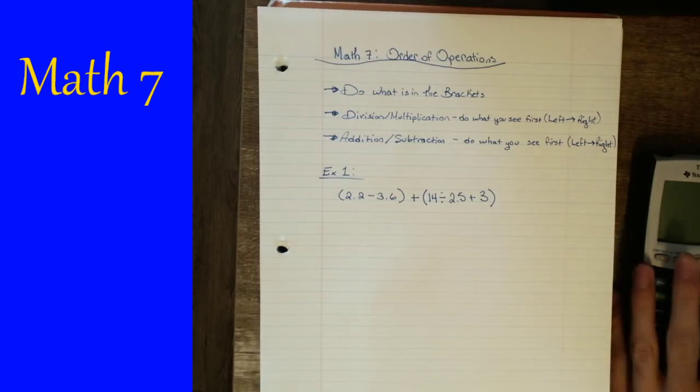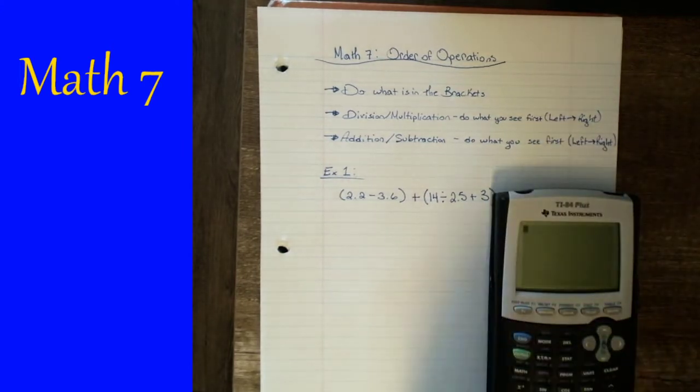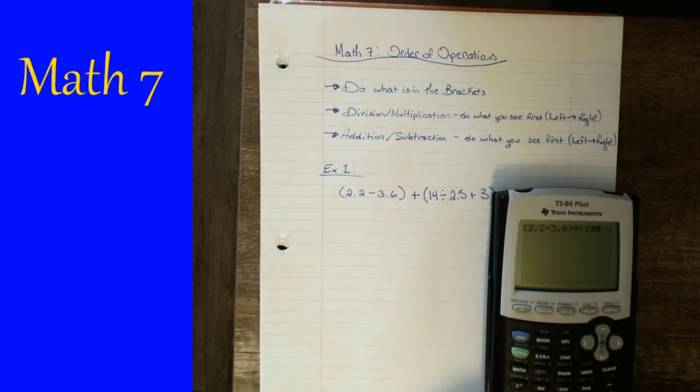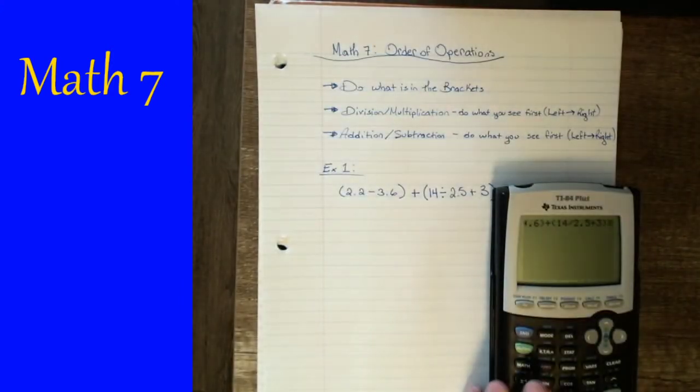One of the things we want to look at is that there's no reason why I can't just type this in the calculator: 2.2 minus 3.6, close bracket, plus 14 divided by 2.5 plus 3, close bracket.